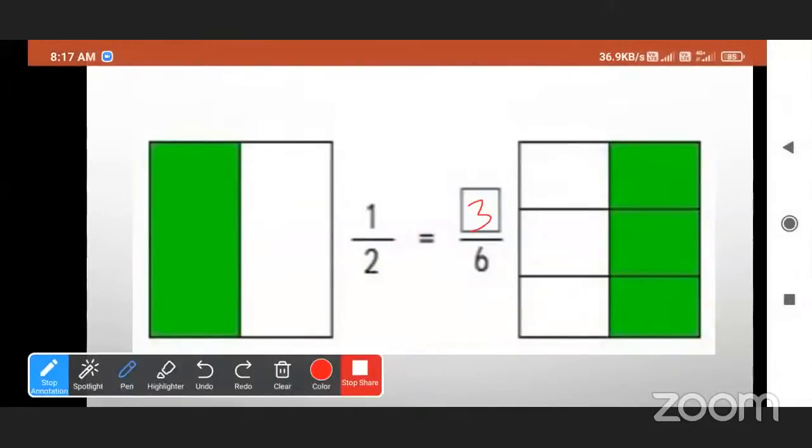Very good. So here the colored parts are 3 and total parts are 6. So these are equivalent fractions. Why? Because the numbers are different but the values are equal. See, the colored portion is equal.